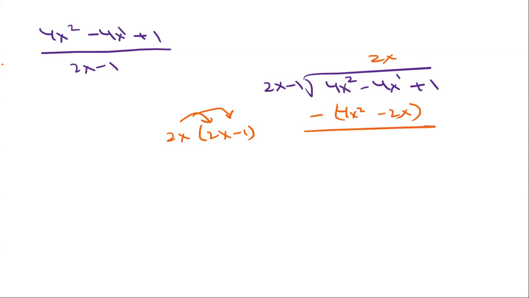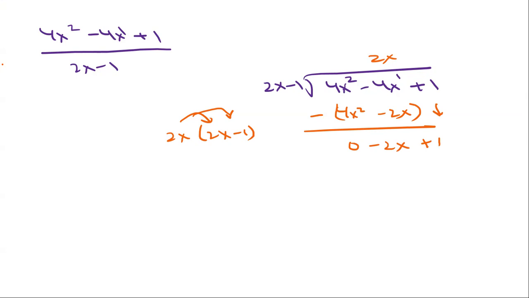So when we subtract, 4x squared minus 4x squared gives me 0. And then minus 4x, two negatives make a positive, so negative 4x plus 2x is going to give me a negative 2x. And then I bring down the 1, which is plus 1.